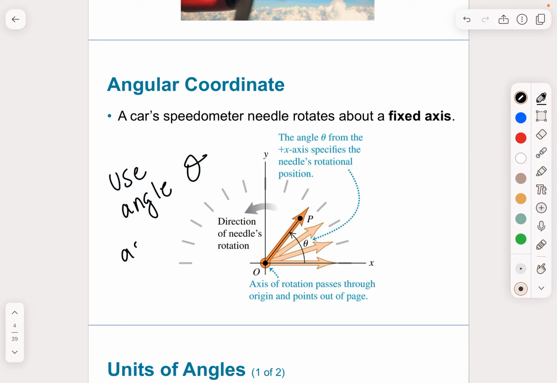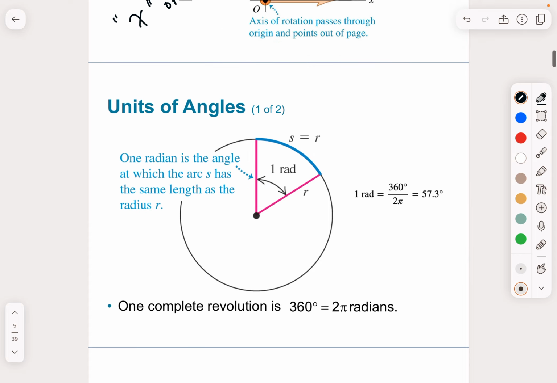Theta as our X or Y, okay? Theta, though, is related to X and Y, right? Through the Pythagorean theorem. But the idea here is that theta is going to be replacing our X or our Y. That's the idea.